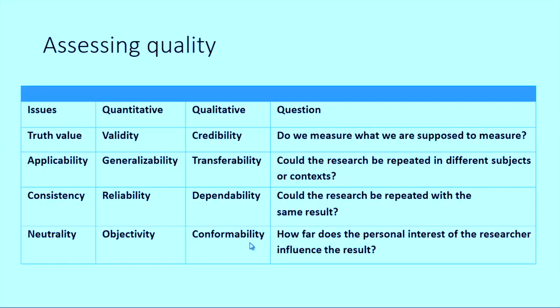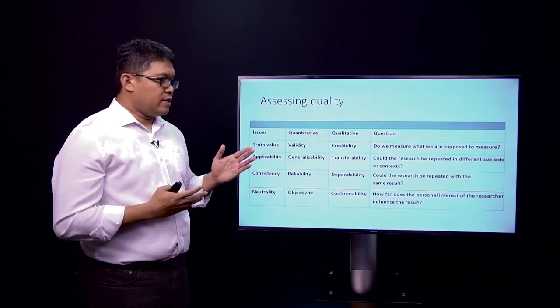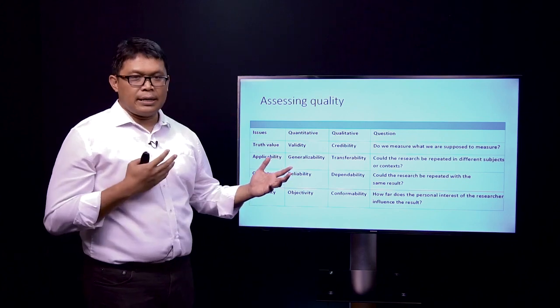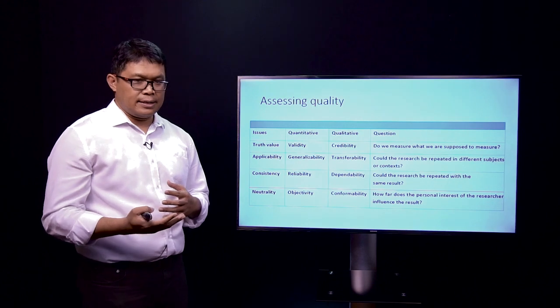But in fact, there are several criteria that we can use to compare the quality of both methods. There are 4 issues that we can use to compare the scientific quality between quantitative and qualitative studies.